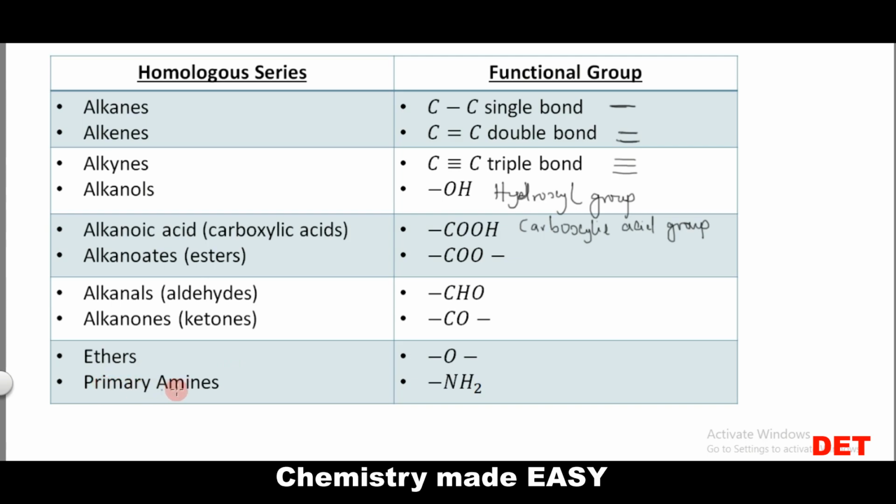Then we have primary amines. The functional group of the primary amines is the NH2 group. So this is the primary amine group. Any primary amine you will see will have this functional group, and this is what determines the main chemical properties of the amines.